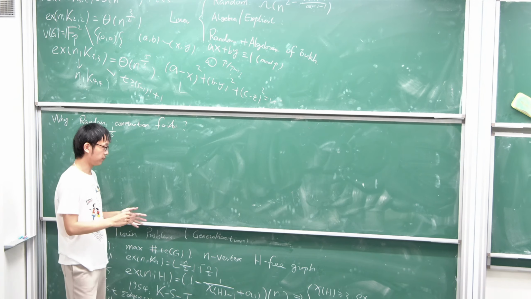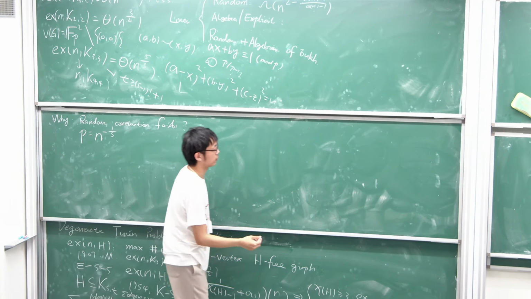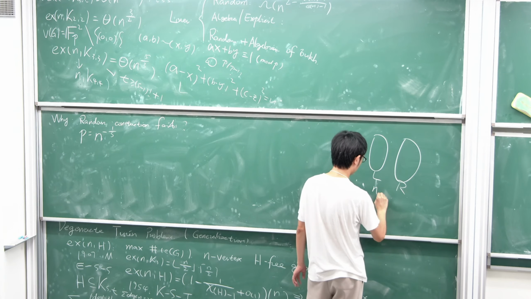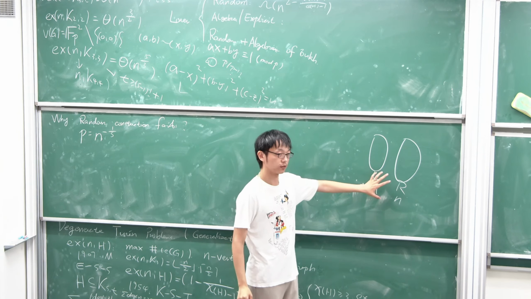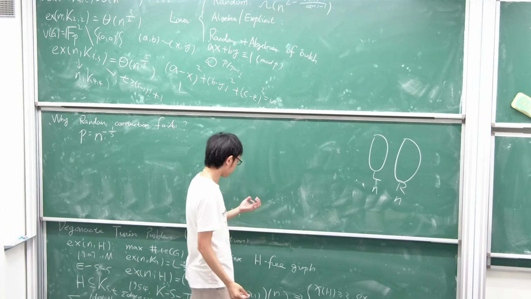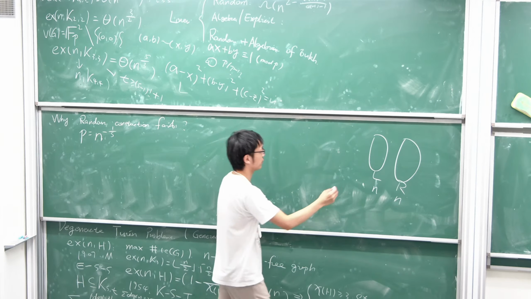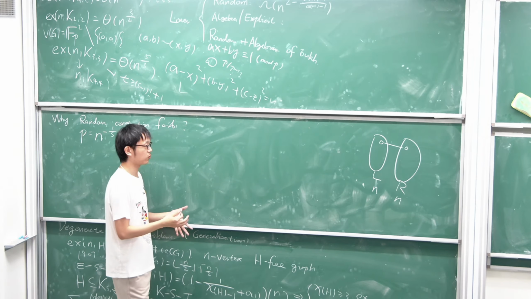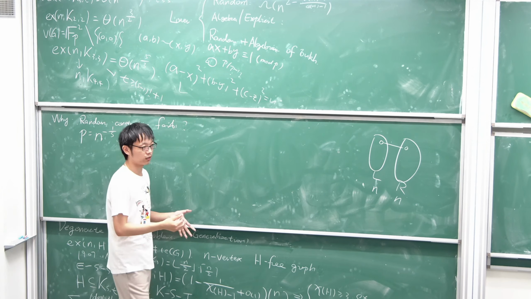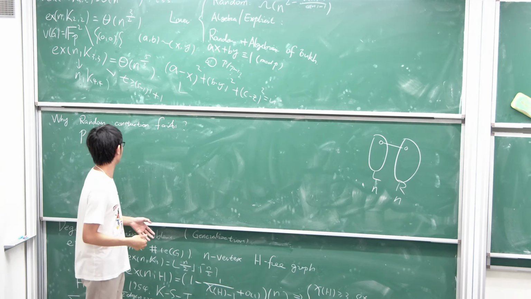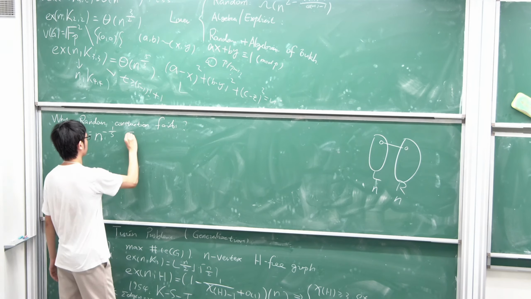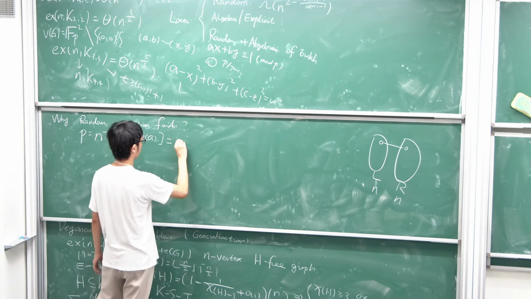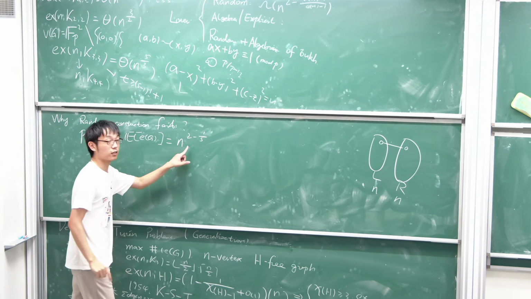Take both parts of size n, and any two vertices are adjacent with probability p, independently at random. So it's easy to see that the expected number of edges in this random graph is roughly as we want.